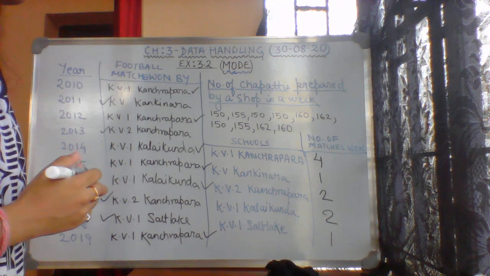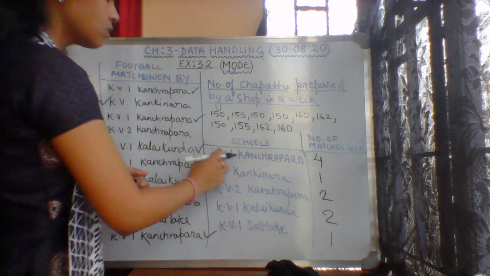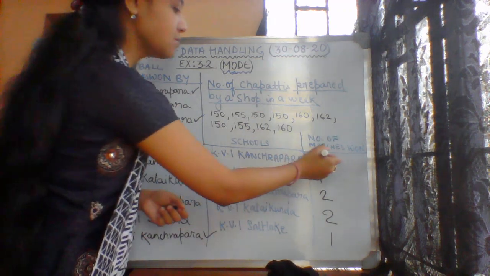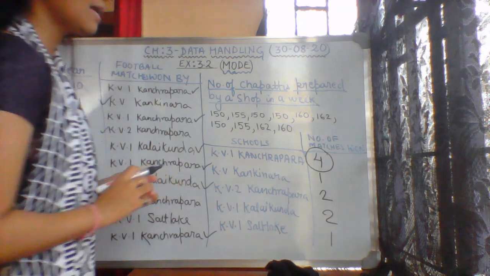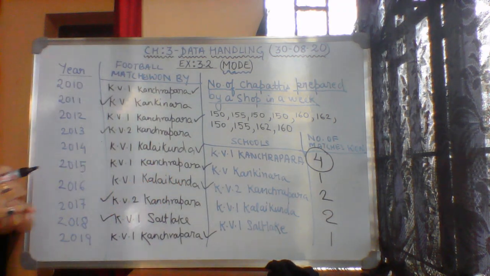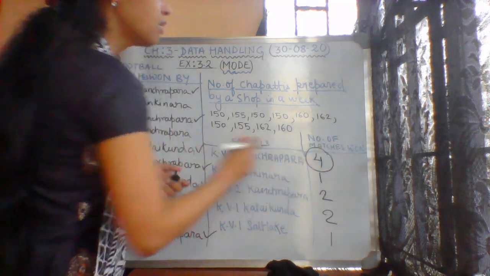Now what is mode? Here in this example, the school which has won the maximum number of matches will be the mode. So we have to see how much the frequency is.